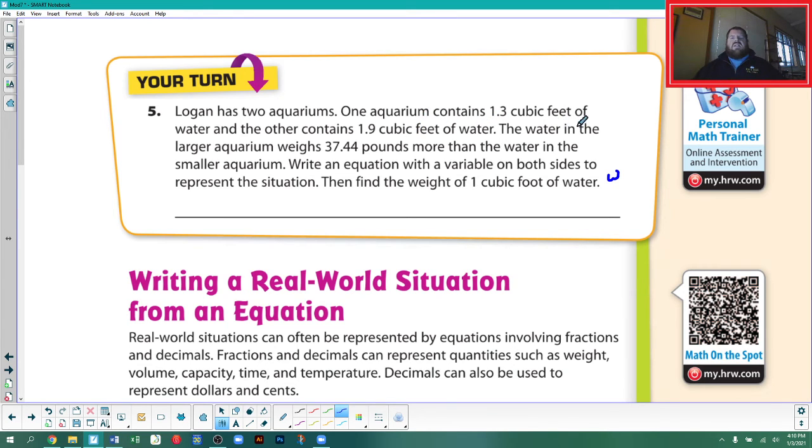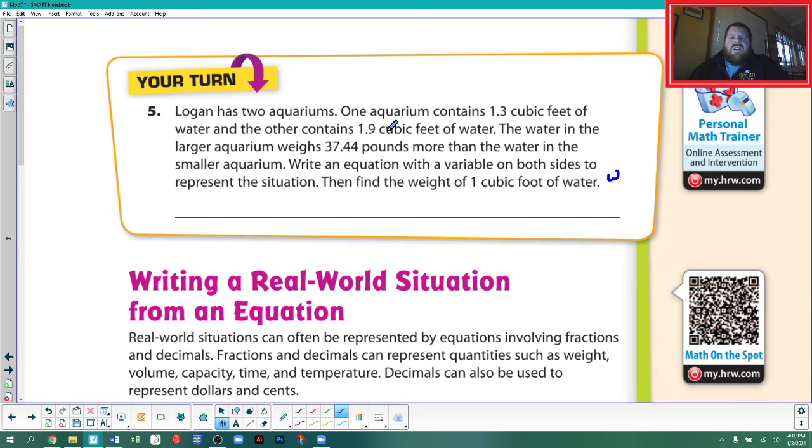And it says that the larger aquarium weighs 37.44 pounds more than the smaller aquarium. And the larger one has 1.9 cubic feet of water. So the weight, let me think of the right way to say this.